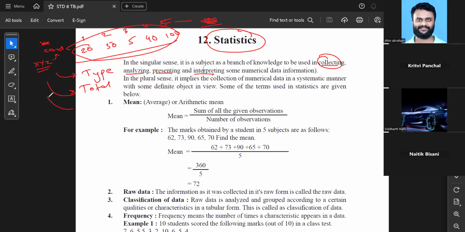The second type is, on an average, how many cars there are per building. Then you can consider how many models or different companies of cars there are. Let's say Benz is one company, Audi another, Volkswagen another, Toyota another, Maruti Suzuki another. So all these companies you can analyze.